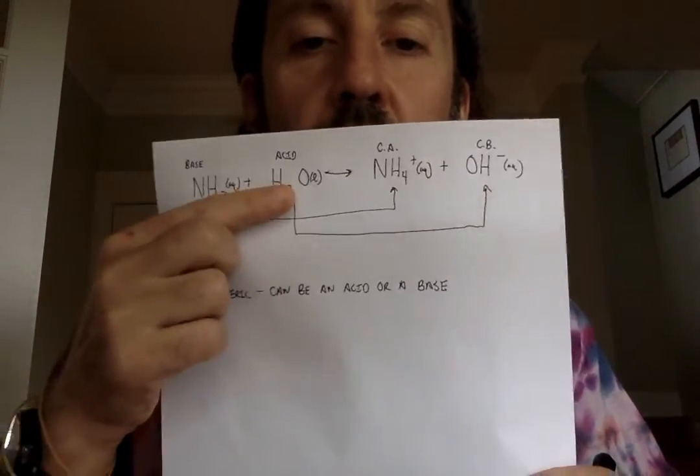And so water here is an acid, and water is really the amphoteric substance that we talk about most often. There are other ones. HSO4 negative can either gain a hydrogen or lose a hydrogen. But water is really the perfect amphoteric substance because it will go either way. HSO4 negative is part of sulfuric acid, so it wants to get rid of that other hydrogen. But water is neutral.